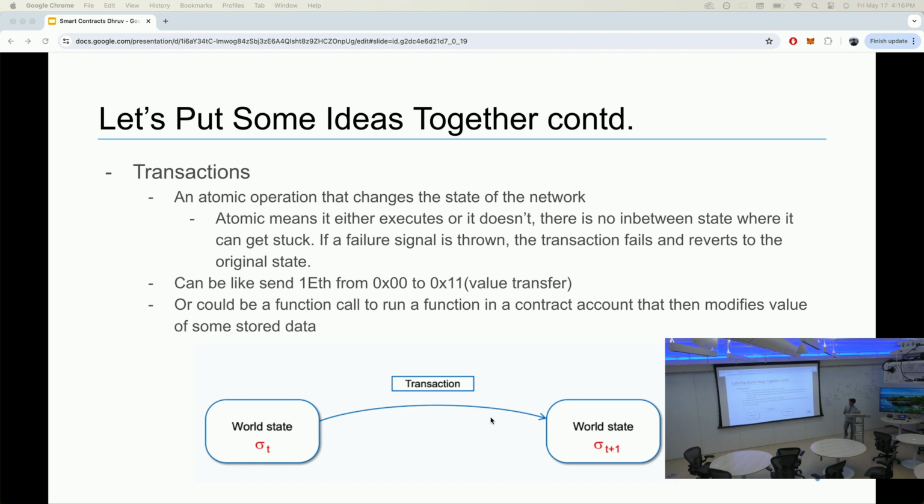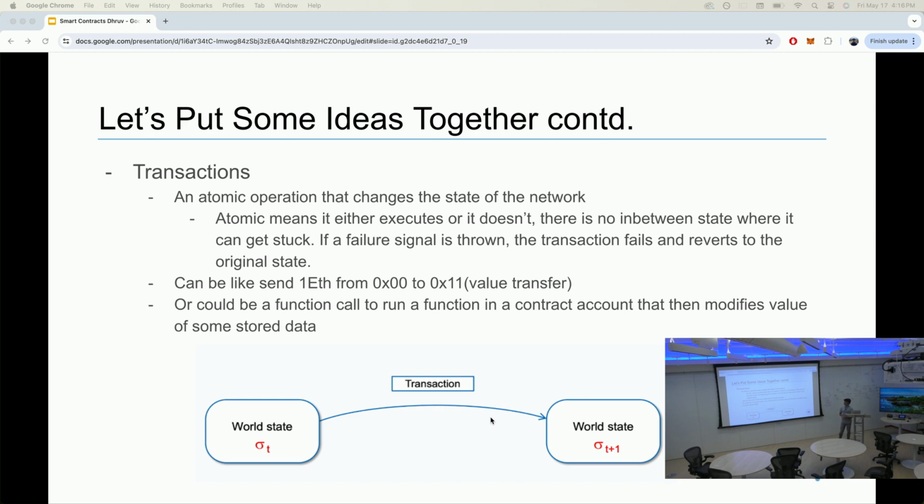So there's really two types of transactions you can think of. The first one, in the Ethereum example, is sending one ETH from one account to another, just like a value transfer. And the other type of transaction, which makes transactions more broad, is running code from the smart contract, or even deploying a smart contract to the blockchain.